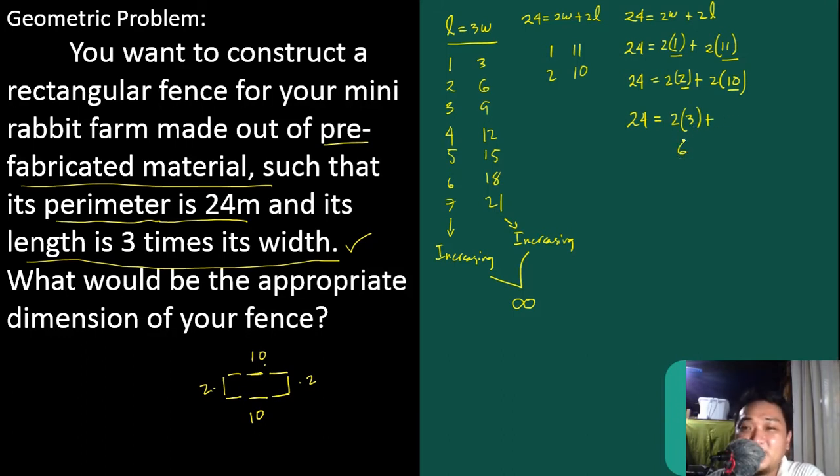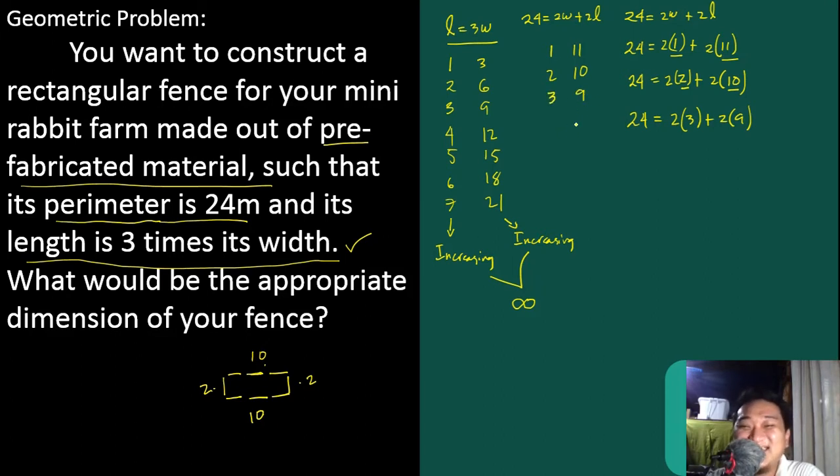Tapos ibawas agad natin dun sa 24, so that will be 18. At pag dinivide natin si 18 by 2, that is 9. 2 times 9, 9 times 2 is 18. So yung kasunod nating ordered pair is 3, 9.